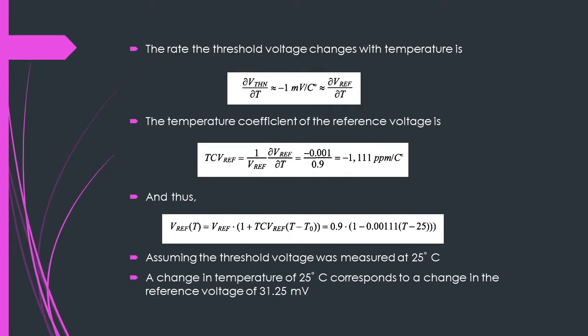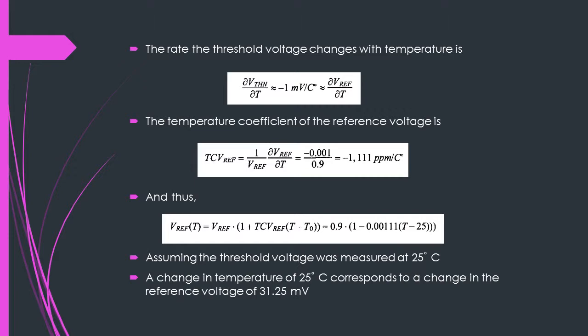The rate at which the threshold voltage changes with temperature is shown in equation 1. The temperature coefficient of the voltage reference is shown in the equation below. We assume that the threshold voltage was measured at 25 degrees Celsius.